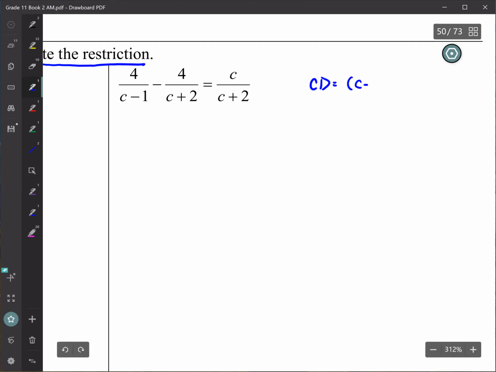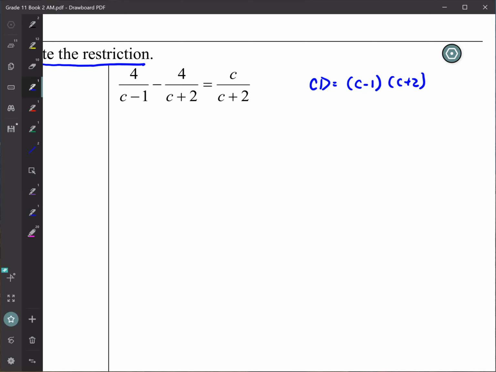Common denominator means it needs to include all the denominators that you see. Would it just be C take away 1, C plus 2? Yeah, C plus 2. So inside this common denominator, you can see the denominator for each fraction. Then we call that a common denominator. Okay, Nathan? I was just confused about that, sorry.